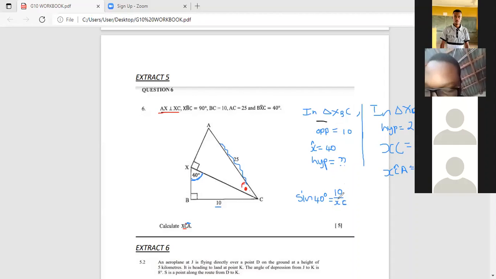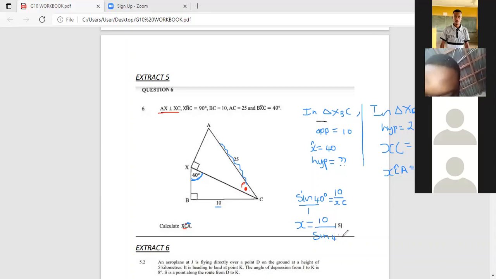When I calculate XC, I'm going to cross multiply and I'll get that XC is equal to 10 all over sine 40 degrees.